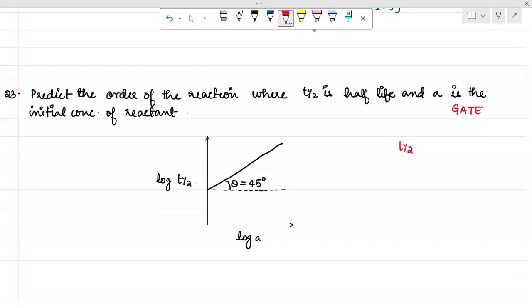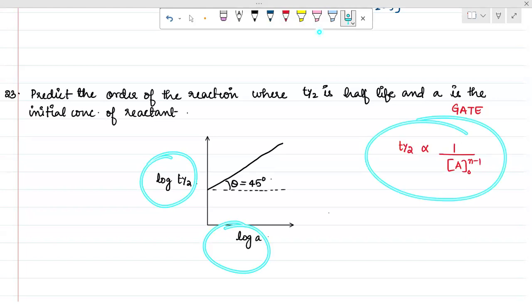T half is directly proportional to 1 by initial concentration to the power n minus 1. What is the relation which was given over here? Look at the graph and try to interpret. It is said that you have log T half and log A, so of course, we'll have to take the logs on both sides.